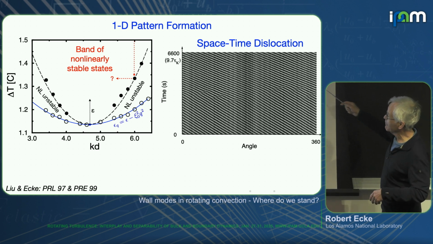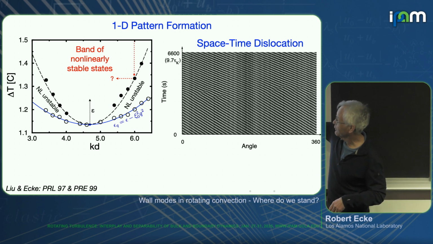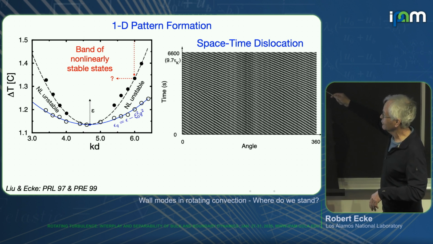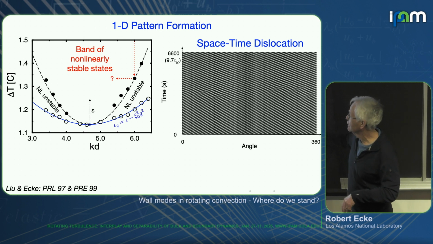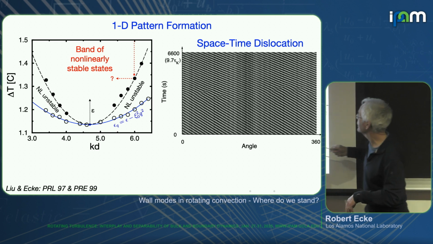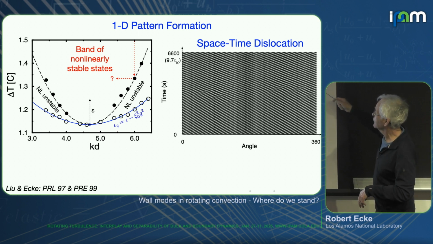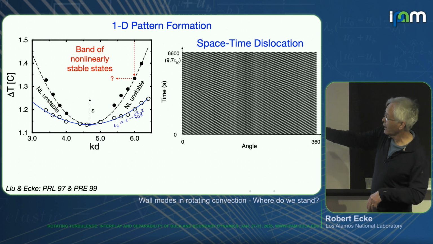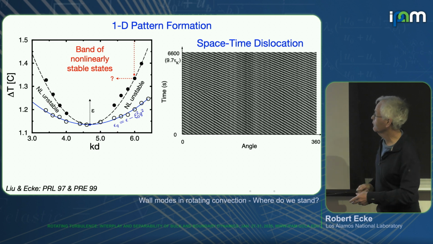And here you can see the mechanism by which it makes this transition. It makes this transition by these space-time dislocations. Again, this is angle and time going vertically. And you can see that you get different space-time dislocations which take you somewhere into the region of stable states.